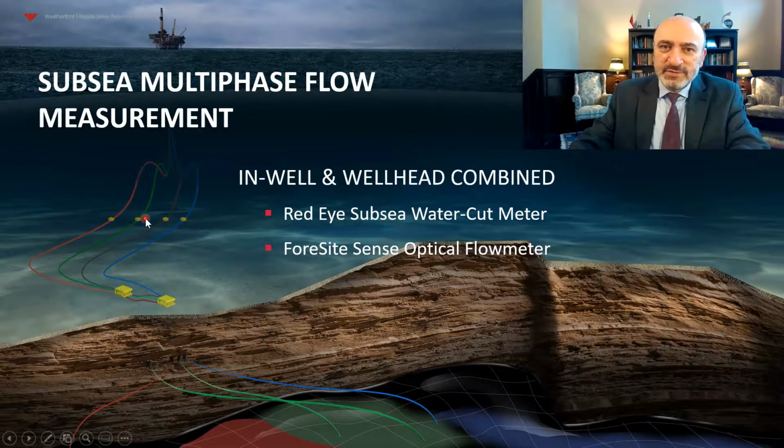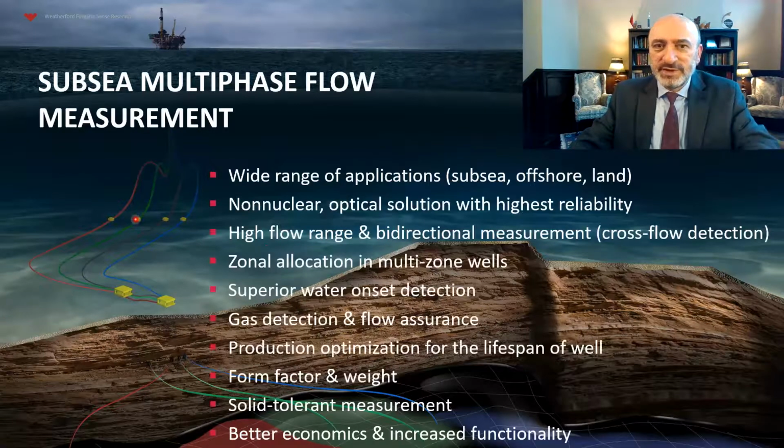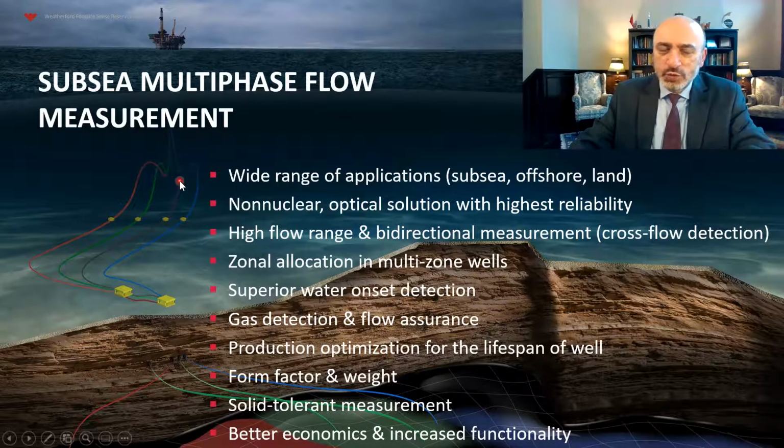And on top of that, we have some advantages which come with this integrated system. What are those advantages? Well, this integrated system can be used for a wide range of applications: subsea, offshore, or land. It is based on a non-nuclear technology.